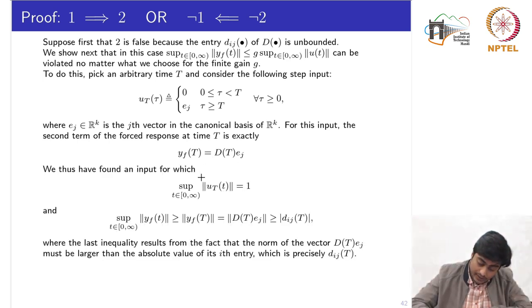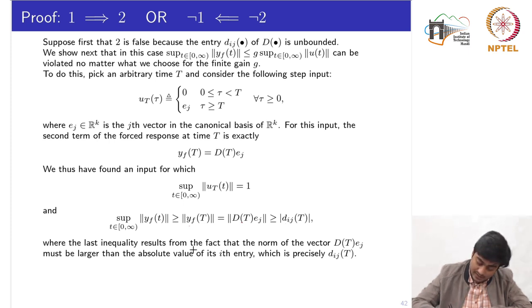So what we have found is an input which is bounded, that the supremum of this input, what we had defined, is equal to 1. And if I take the supremum for all time t of the signal y of t, it is always greater than or equal to y of capital T. Because we know that y of capital T would be unbounded, which is equal to D of T, and we know some entry d_ij is unbounded, meaning to say that this would be greater than or equal to the absolute value of d_ij.